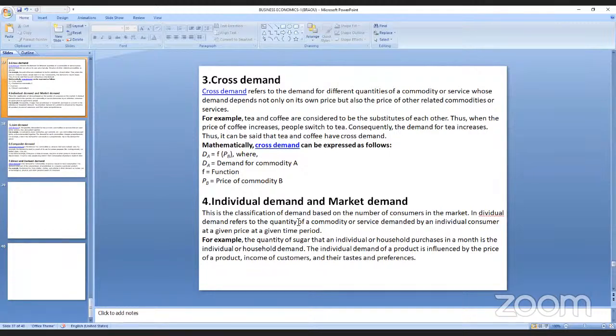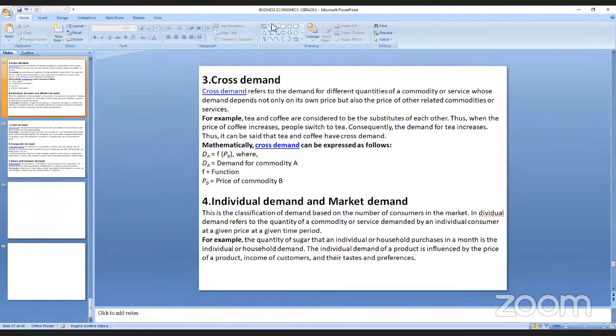For example, a quantity of sugar, say 1 kg of sugar that an individual or a household purchases in a month. That is an individual or a household. But the demand for the product influences.